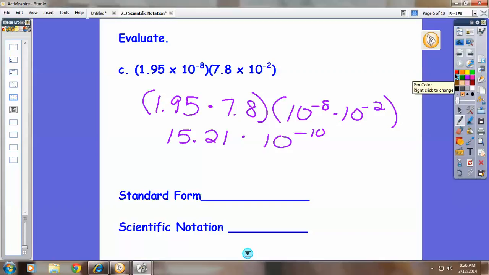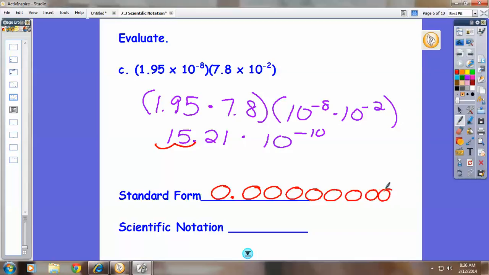We have a negative exponent, so we're looking to get a really small number. I'm going to move it 1, 2 places, and then I'm out of digits. How many zeros do I have to add in there? 8 plus our extra 0 point, now I'm going to add 8 zeros. 1, 2, 3, 4, 5, 6, 7, 8. 1, 5, 2, 1.